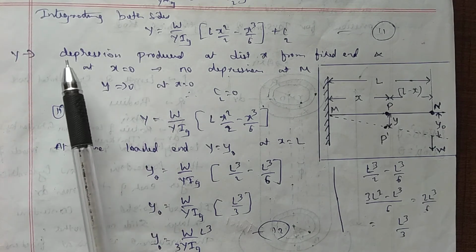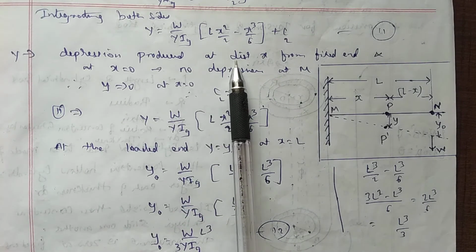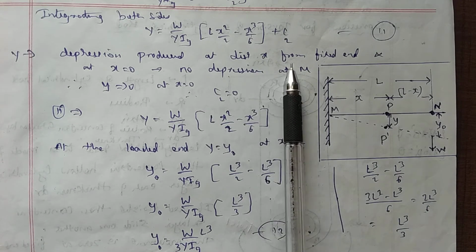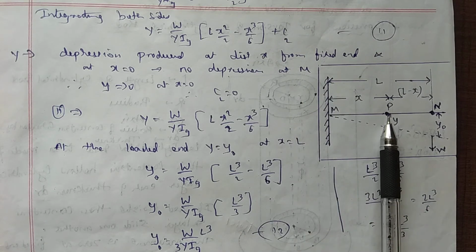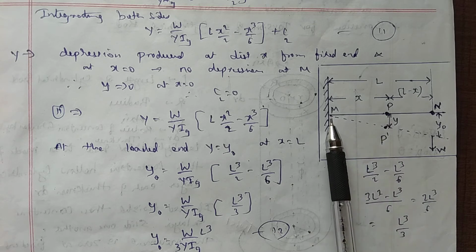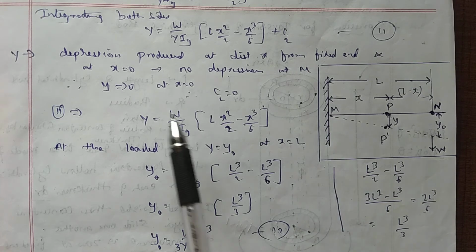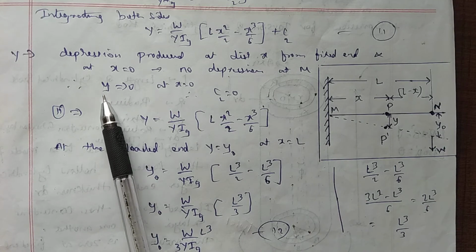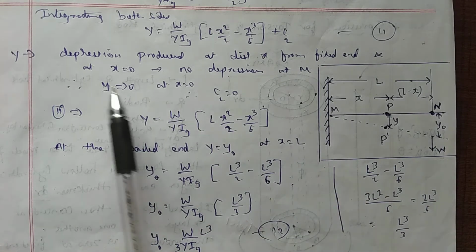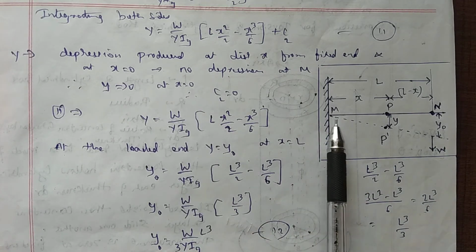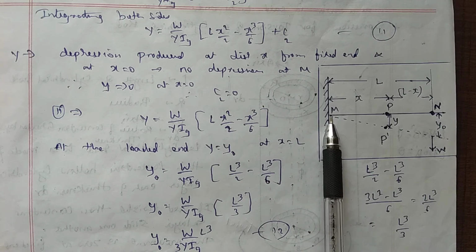Here y is the depression produced at a distance x from the fixed end, and at x equal to 0 there is no depression at M. Therefore the value of y is 0 at x equal to 0.